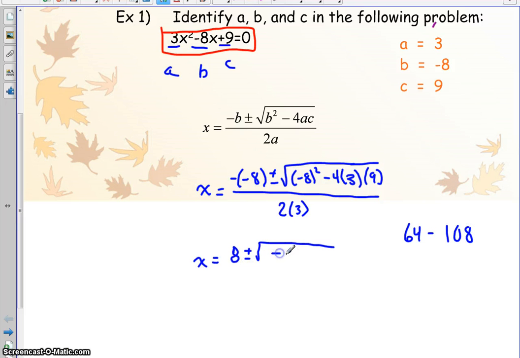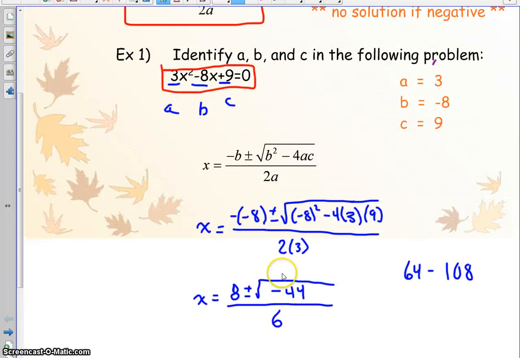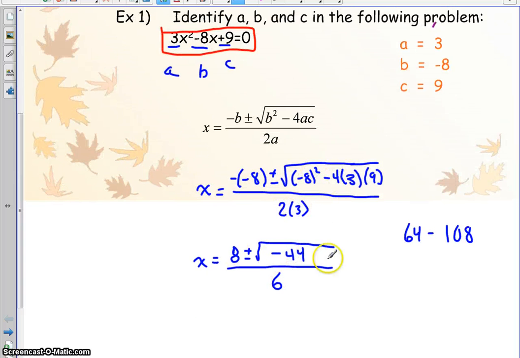Which when you simplify gives you negative 44. Okay, and your denominator down here is 6. And right away you're going to see a little bit of a problem here. If you try to simplify this further, you're going to see that the square root of negative 44, if you try it on your calculator, will tell you it doesn't exist. You cannot take the square root of a negative number. So we have a situation here where what's in the square root is negative, we can't get a solution.